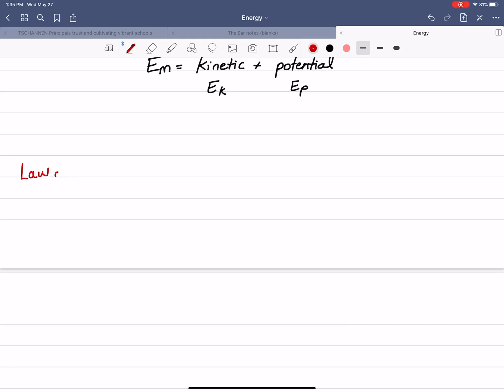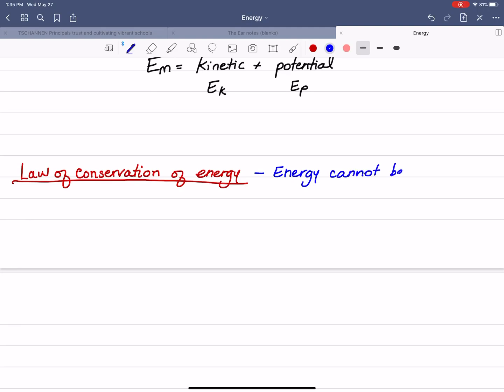So the law of conservation of energy. This is also known as the first law of thermodynamics. The law of conservation of energy states that energy, and I'm sure you've heard of this one before, cannot be created nor destroyed.